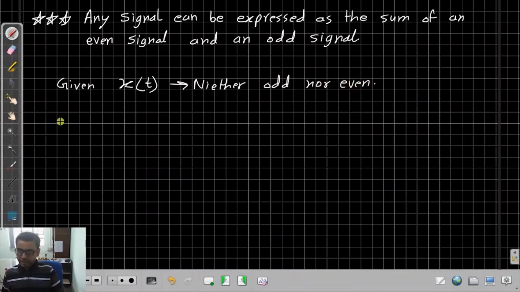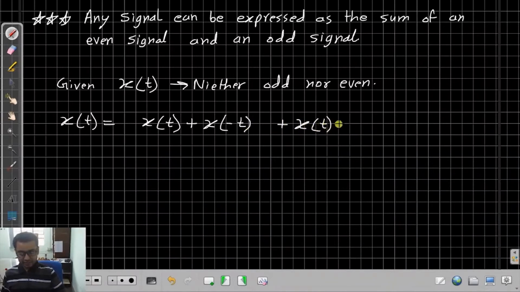We can always write this x of t as x of t plus x of minus t, plus x of t minus x of minus t, so that this extra term cancels, but now I have x of t twice, so let me divide everything by a factor of 2.